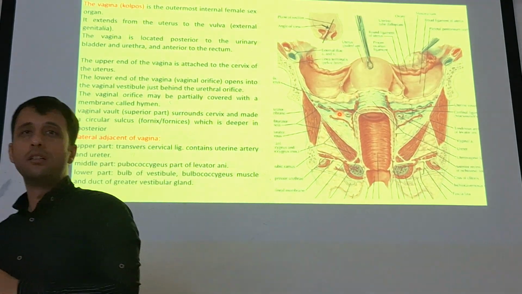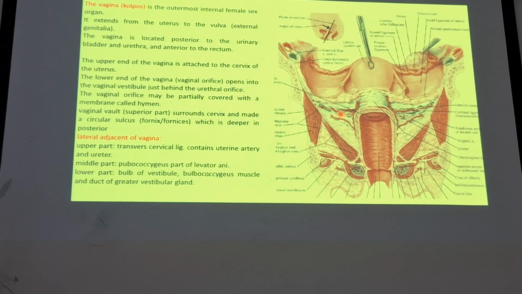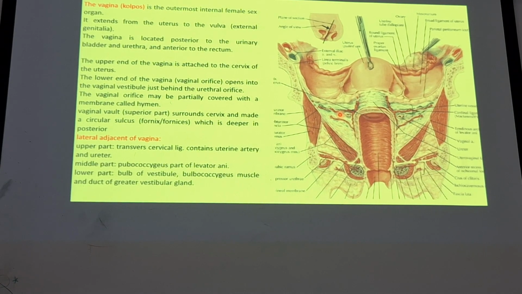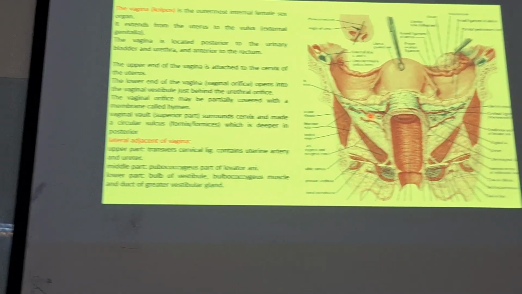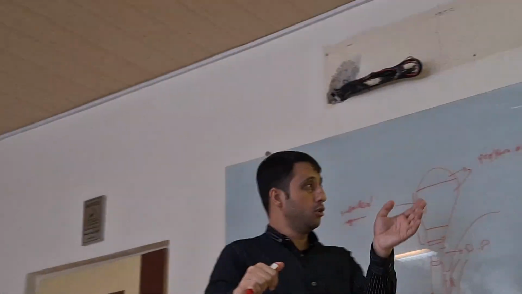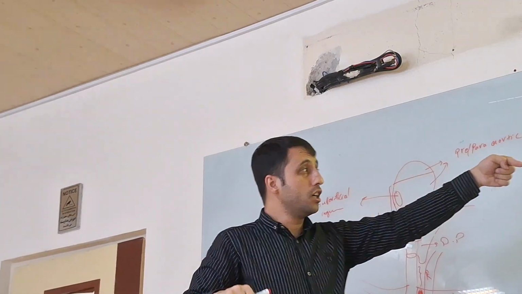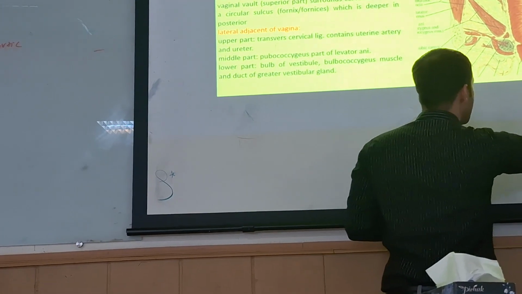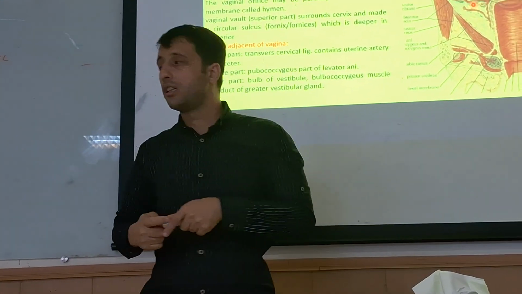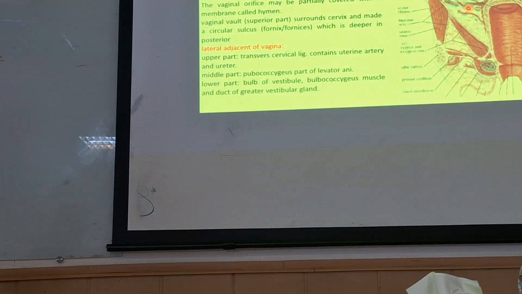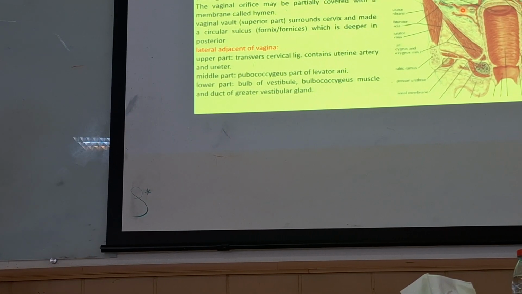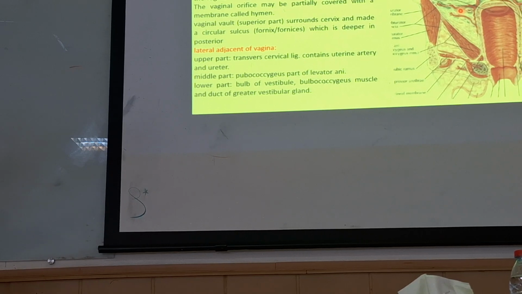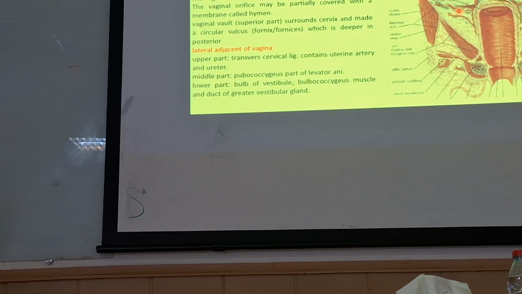The bulb of the vestibule, yes. The muscle which covers the bulb of the vestibule, which is named bulbospongiosus, and a duct, look at here, a duct which is part of the greater vestibular gland. Okay? These three structures are the lateral adjacency of the inferior part of the vagina. Okay?